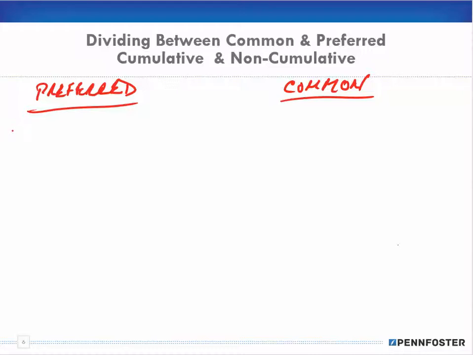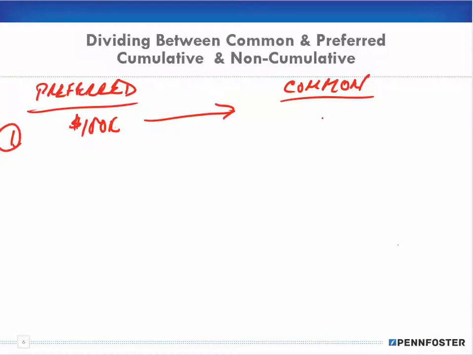So let's say in this first dividend period, preferred is guaranteed the first $100,000. Okay, then anything left over goes over to common, right? That's the terms that preferred gets for having the stock. They get the first $100,000 in dividends.